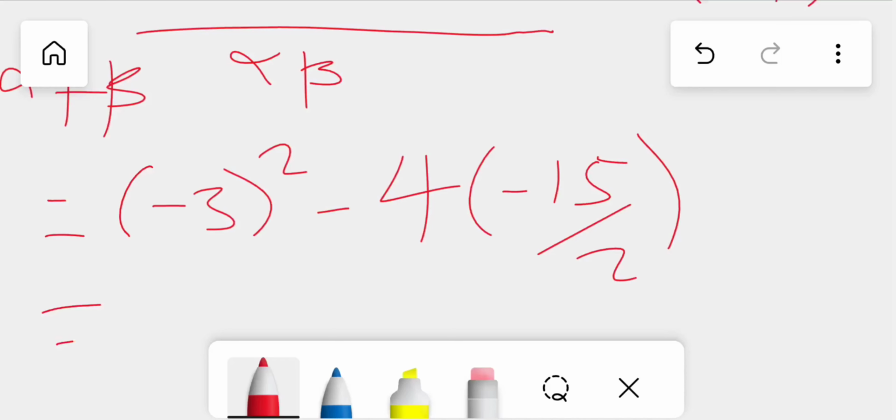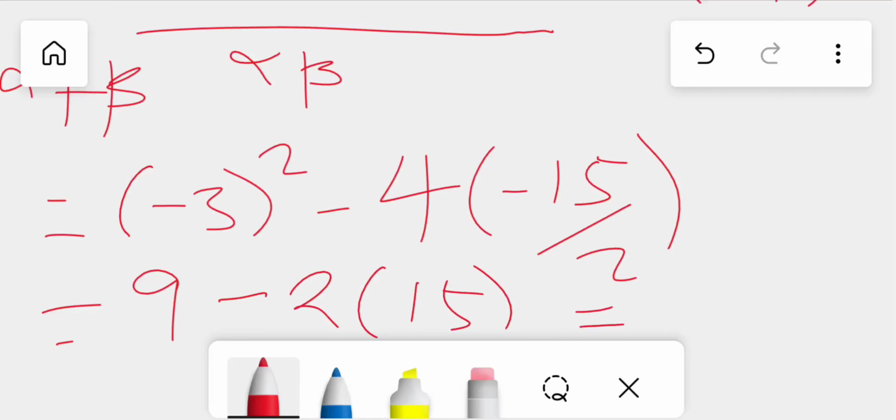So (−3) raised to the power 2 is 9, and here we have positive 2 times 15, giving our answer to be 39.